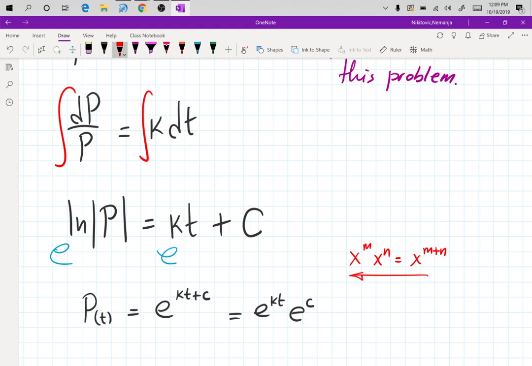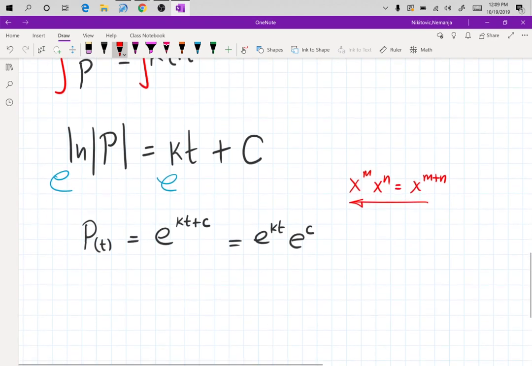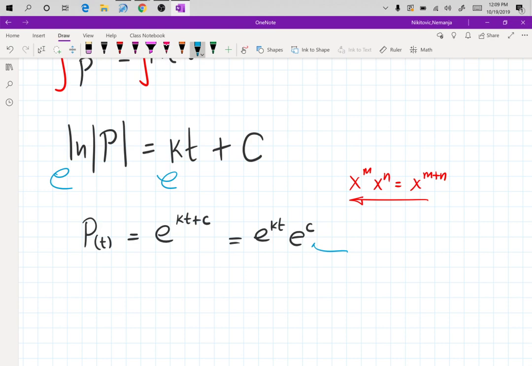That's the rule we use to separate the plus C into its own e. Okay, I got that. So now what? Well, now I'm going to call this a constant. And this is where your initial population comes from. That's why that plus C is so important.